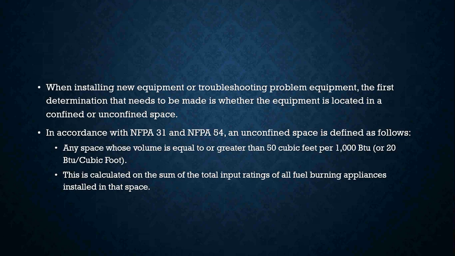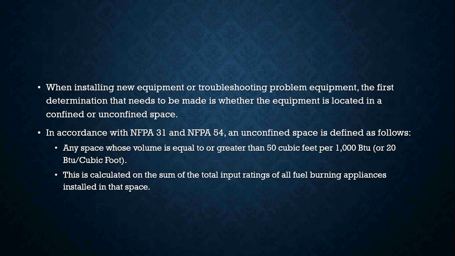When installing new equipment or troubleshooting problem equipment, the first determination that needs to be made is whether the equipment is located in a confined or unconfined space. In accordance with NFPA 31 and NFPA 54, an unconfined space is defined as any space whose volume is equal to or greater than 50 cubic feet per 1,000 BTUs, or 20 BTUs per cubic foot.